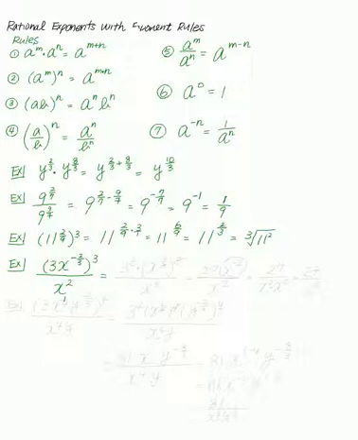Using the rules above, I'm going to get 3 raised to the 3rd power, times, and I'm going to use parentheses here, x to the negative 2/3 power, raised to the 3rd power, and the denominator stays the same as x squared.